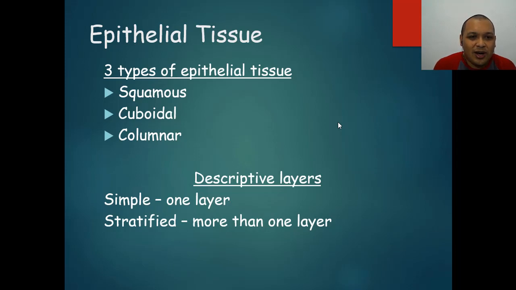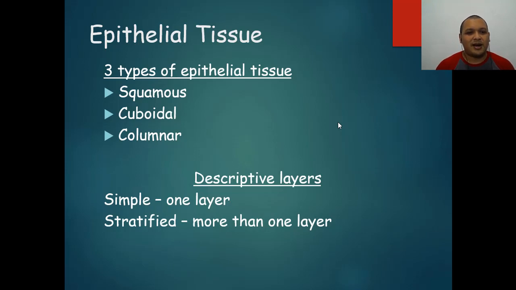And then the second one we have cuboidal. Cuboidal is like a cube. So why the name is cubo? Cubo is like a cube. And then the third, we have what we call columnar. Columnar is like a column, you know, so it's like a long cell, so it's columnar.